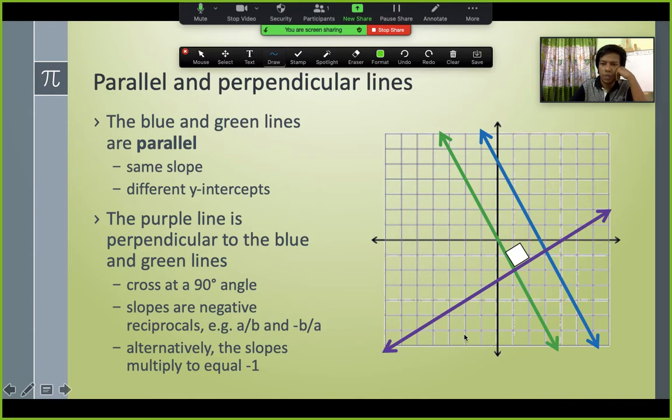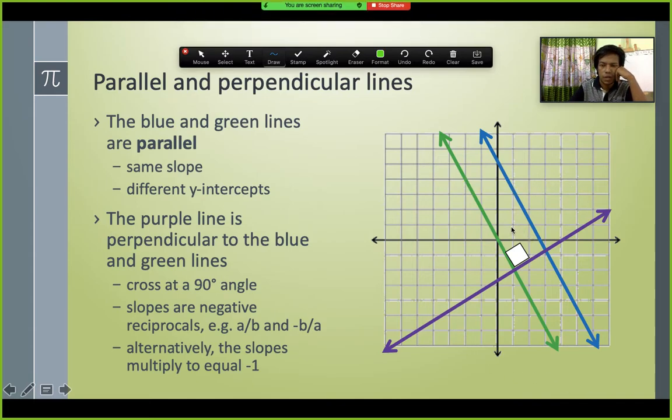Suppose this line's slope is, let me use an alphabet, minus a. So what will be the slope of this line? This will be 1 divided by a.